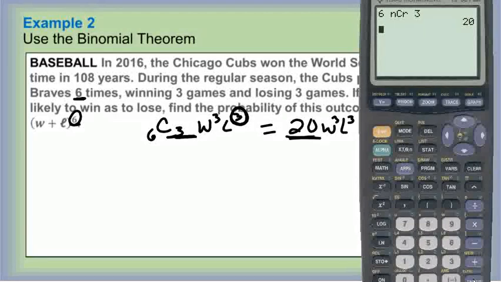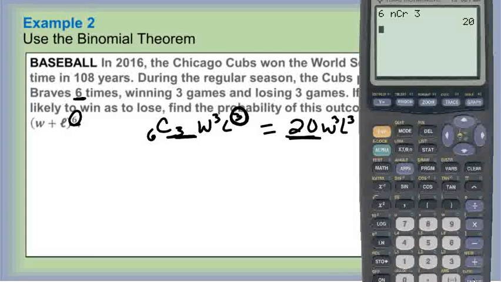So that's my numerator, because when you do probability, it's the likelihood of the outcome that you're looking for divided by the total amount of outcomes there are. So I need to find out the total number of win-loss combinations.